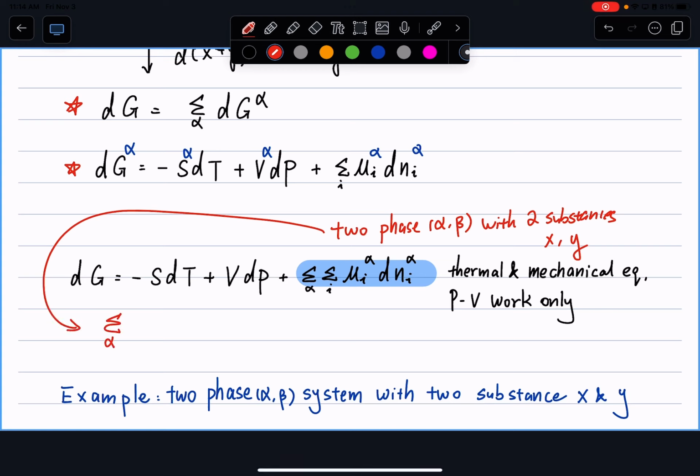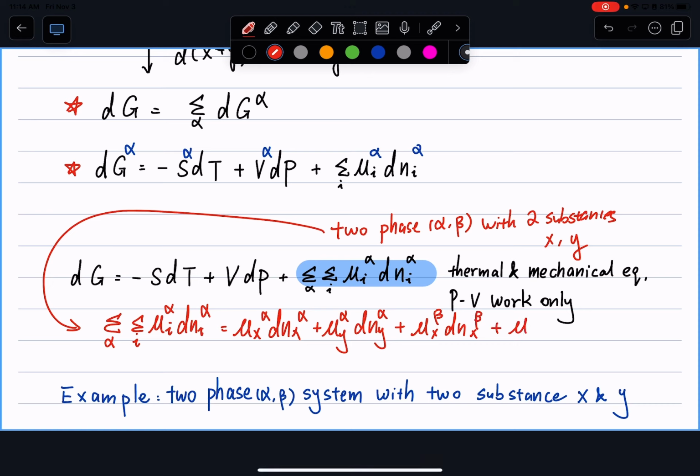So we're summing over all phases alpha and all substances I with mu I, the chemical potential in phase alpha, and also dn I alpha. So for that two-component, two-phase system, what we have is just mu x alpha dnx alpha plus mu y alpha dny alpha plus mu x beta dnx beta plus mu y beta dny beta.